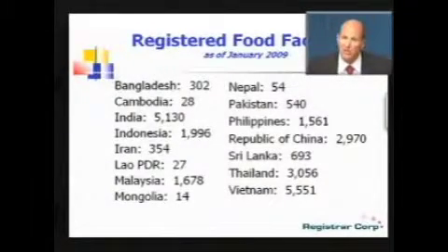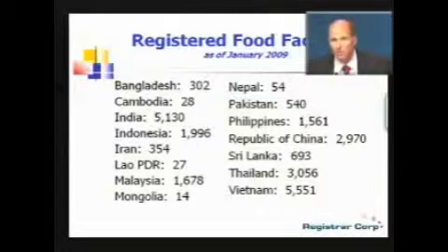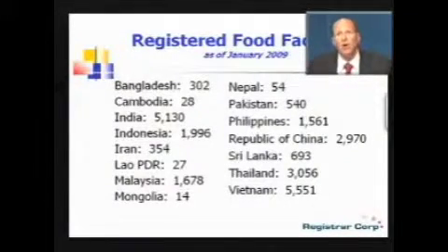About 150,000 of those companies are here in the United States, and approximately 260,000 are registered in about another 150 countries around the world. Here are some statistics that will give you an idea.